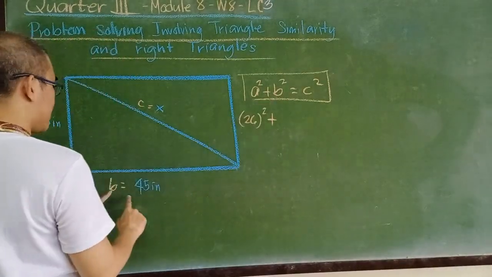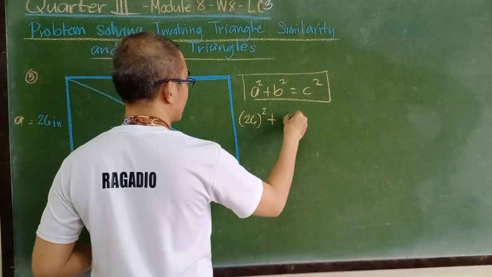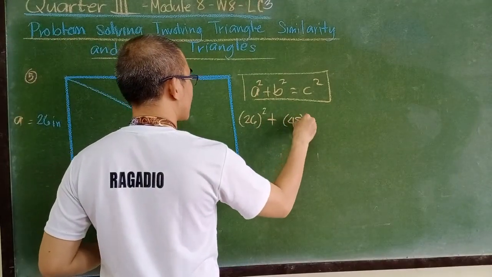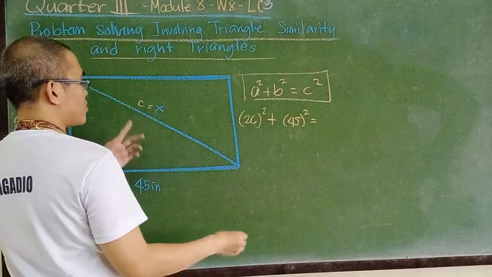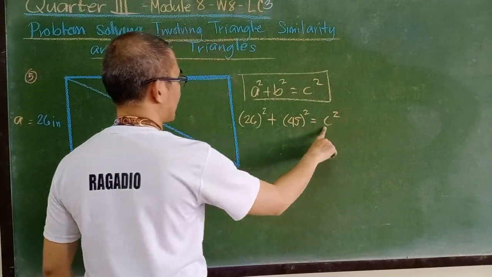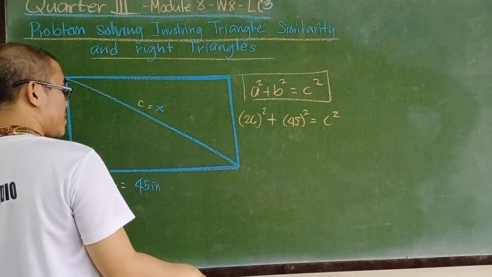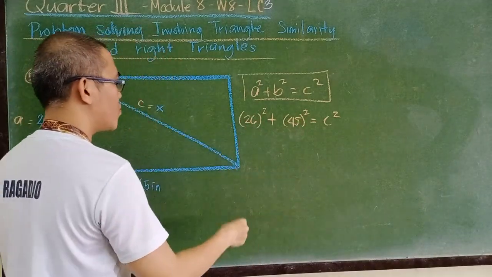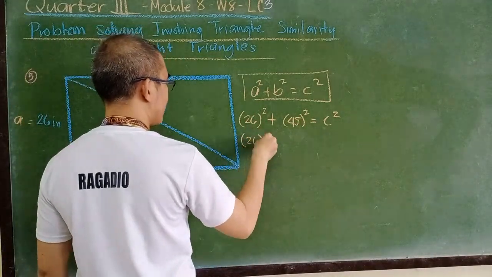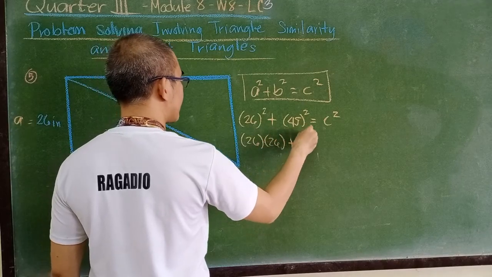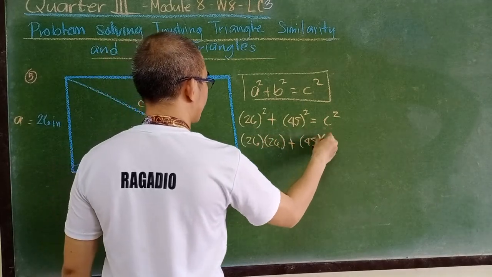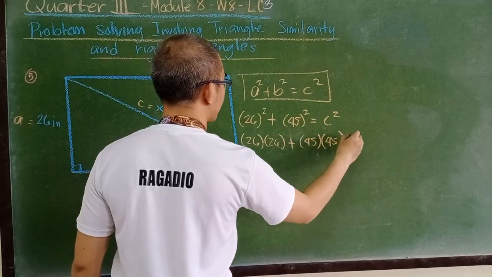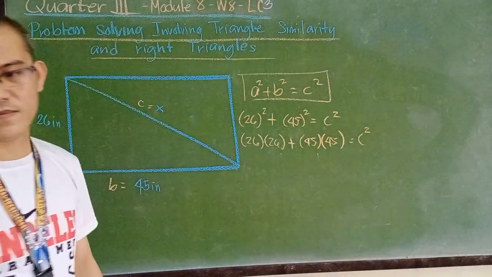Yung B, which is 45 inches, 45 raised to 2, and then C, which is unknown. So wala tayong value para sa C. So next, alamin natin ano yung 26 raised to 2 tsaka 45 raised to 2. So this is 26 times 26 plus 45 times 45 equals c squared.